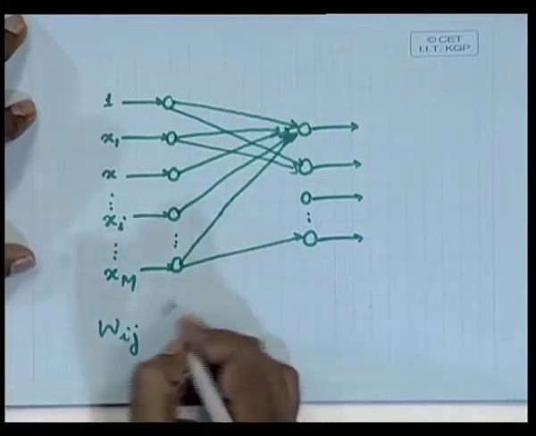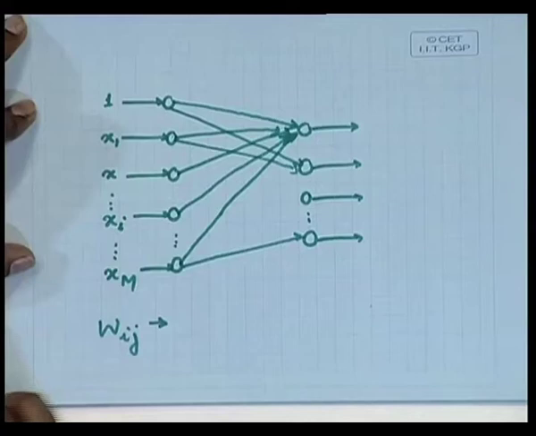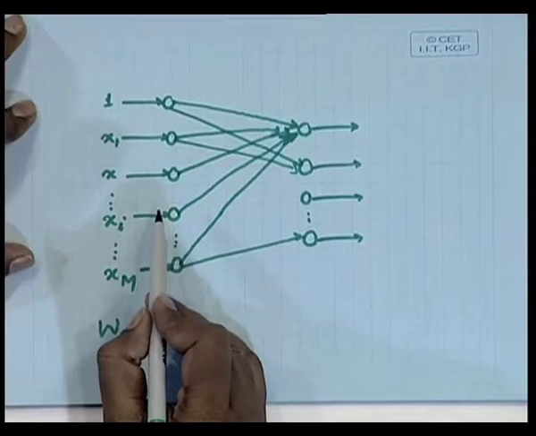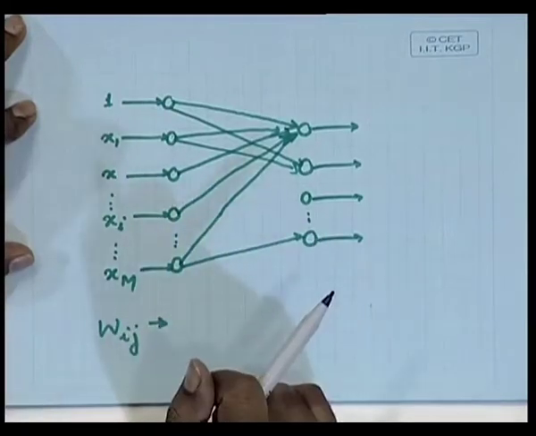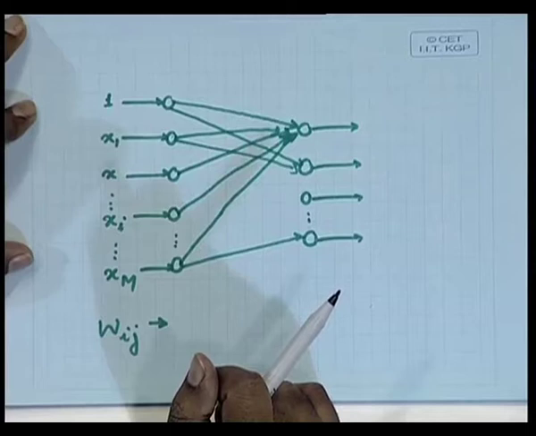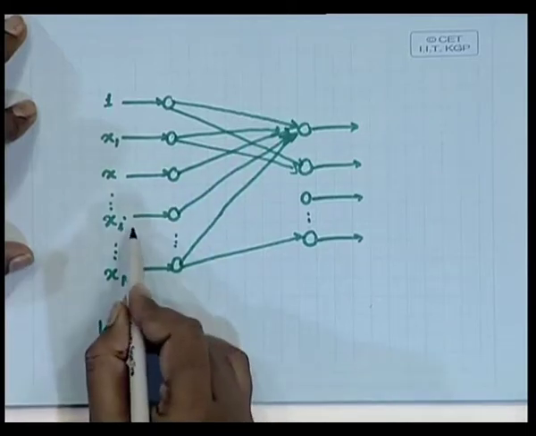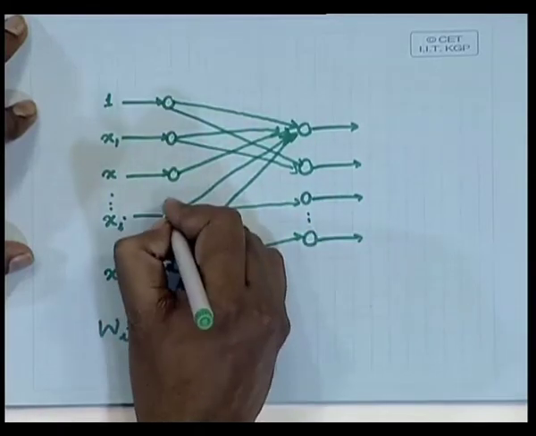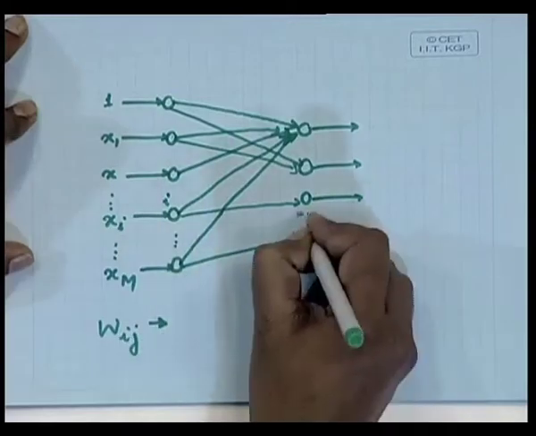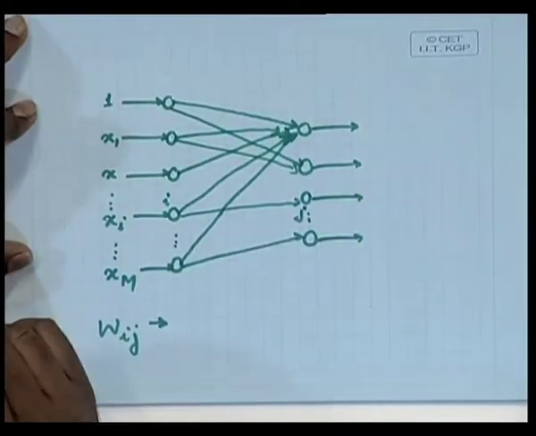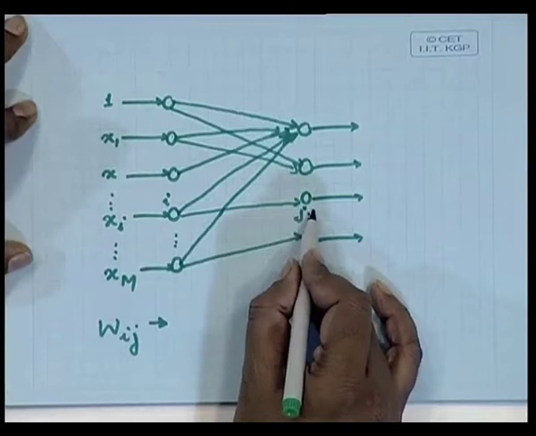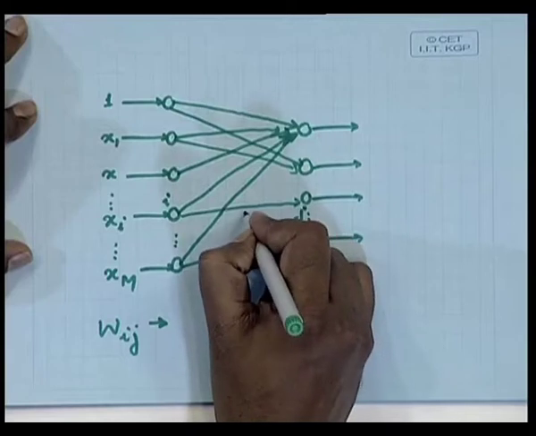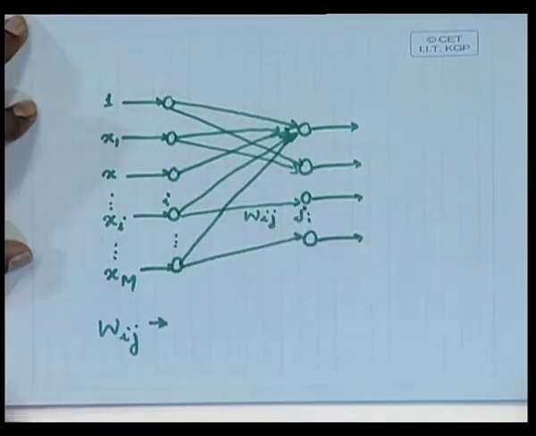This Wij means the weight of the connection from the ith node of the input layer to the jth node of the output layer.